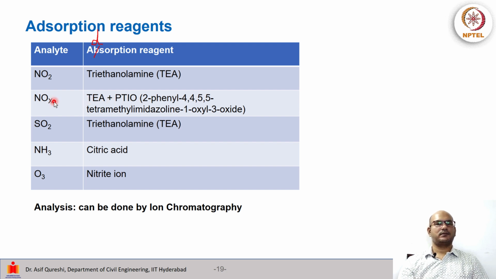For NOx, the adsorption reagent would be TEA plus PTIO, which is 2-phenyl-4,4,5,5-tetramethylimidazoline-1-oxyl 3-oxide. For SO2, we can also have triethanolamine, TEA. For ammonia, we will have citric acid, and for ozone, we will have nitrite ion. And once this adsorption is carried out, the later analysis, as said earlier, can be done by ion chromatography.